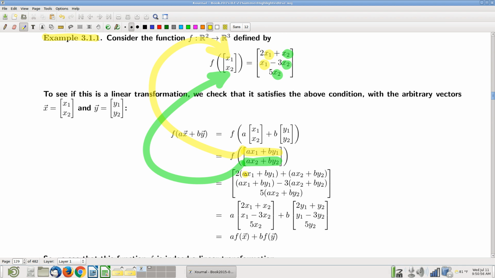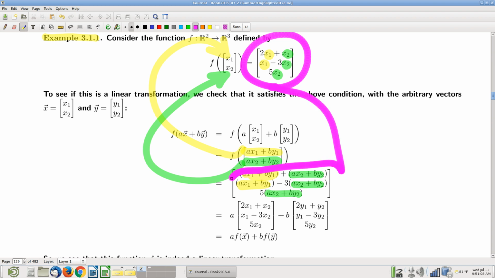And so that gives me this. So this is just plugging into the function. The formula for the function is that, just plugged in. Yeah? Everybody good?